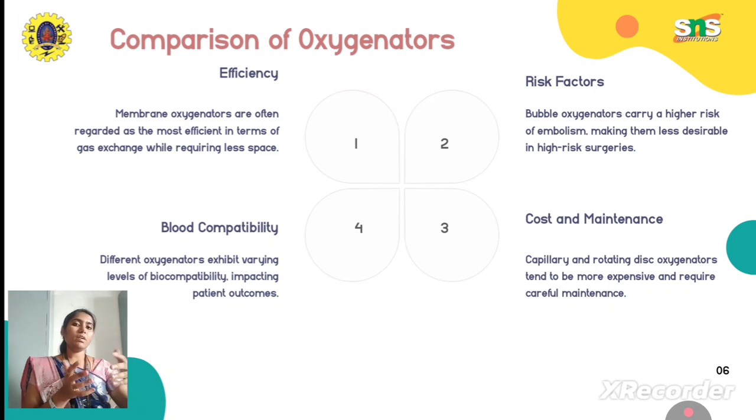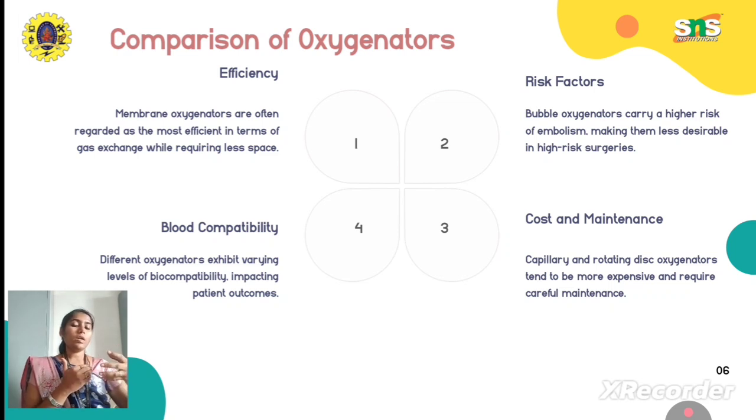And then blood compatibility. Different oxygenators have different levels of biocompatibility. This blood compatibility is very important when we are designing the oxygenator, because it is attached to our body, since all the blood is sent back to the body for further circulation.